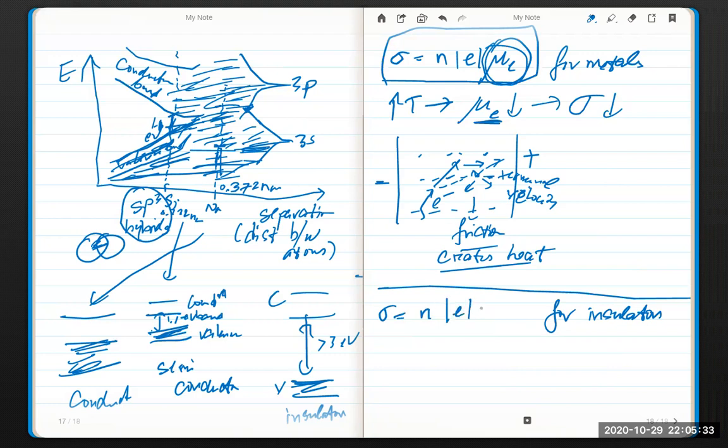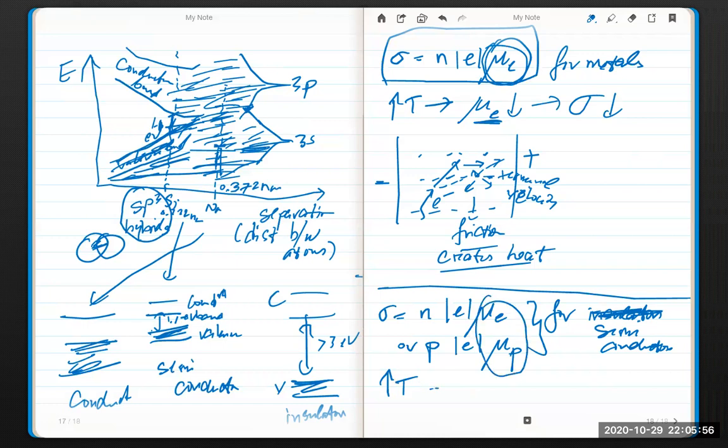Then it looks something like this: mobility of electrons, or the mobility of the holes, times the charge of the electron. Yep. Sorry, that's not insulators, that's semiconductors. And what happens here when you increase temperature is that both of the mobilities also drop, similar to metals here.